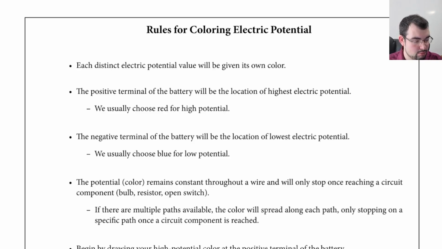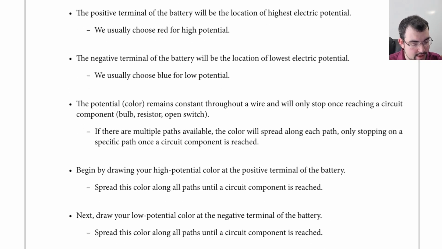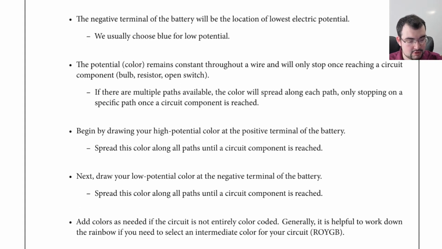So how this color model works is color remains constant throughout a wire and stops once it hits an active circuit component. That would be a bulb, a resistor, or an open switch. And once that color hits a gap, it's going to turn around and keep exploring all the paths it can until it's hit all the barriers.